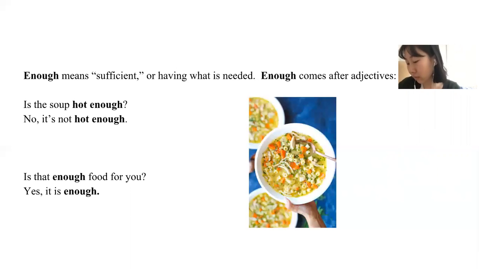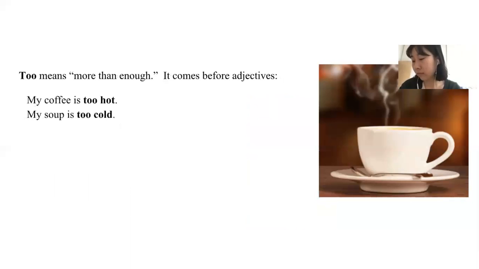You do not want to say it is enough hot or it is enough cold. That's incorrect. Enough always comes after the adjective. But if you are using the term too, it comes before. So it's too hot or too cold or too sweet or too sour.